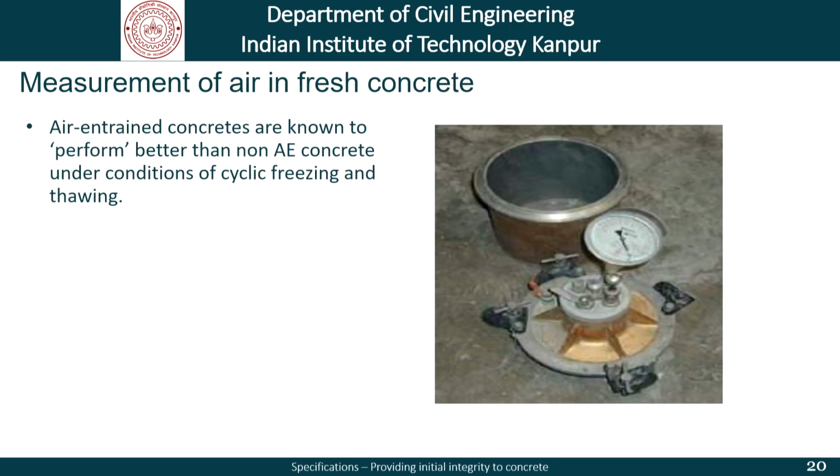Now as far as this resistance is concerned, it has been found that air entrained concrete performs better than non-air entrained concrete under these conditions. And this air entrainment means we need to measure the air in fresh concrete, and this is a simple air meter which can be used to measure the air content.